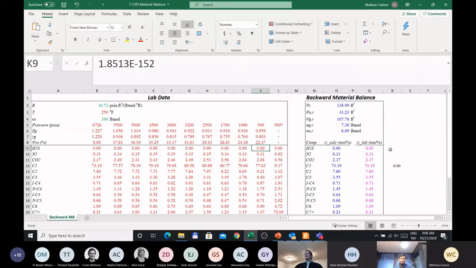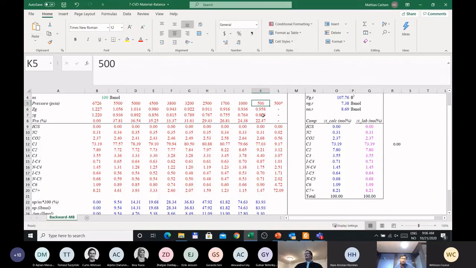So that's why we have two pressure columns with the same pressure, 500 psi. The composition here is the equilibrium gas composition, and 500 with the star represents the composition of the equilibrium oil that should be measured by the lab, because that is used for doing the material balance QC.